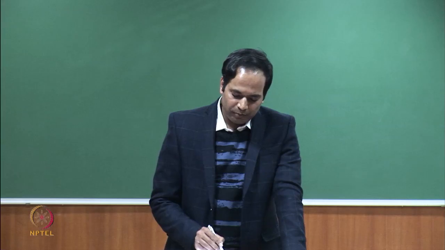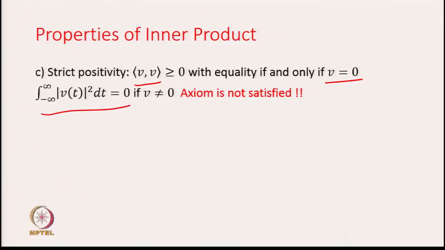That means this should be 0 only if the signal is an all 0 signal, but you know that this can be 0 in the case of L2 waveforms even if the signal is not an all 0 signal.